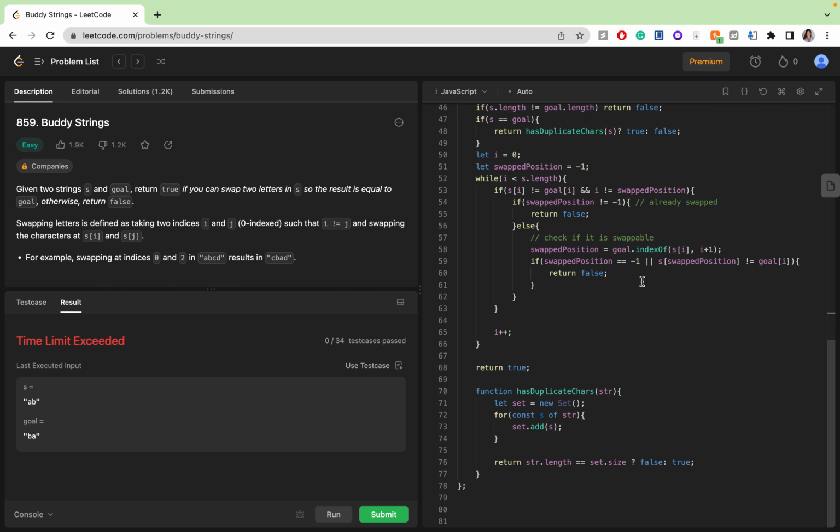I think this is fine. If swap position is equal to -1 or swap position is not equal to goal I, then return false.